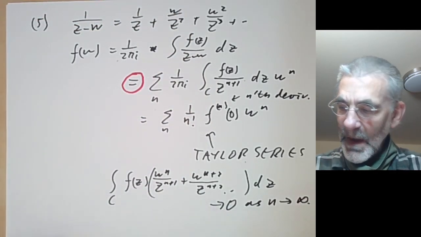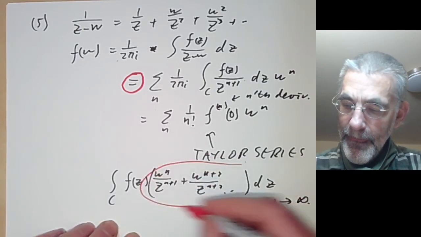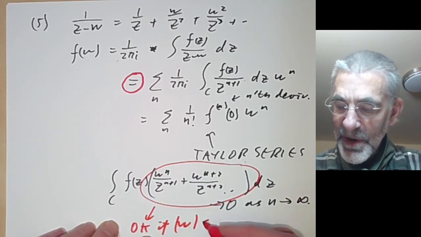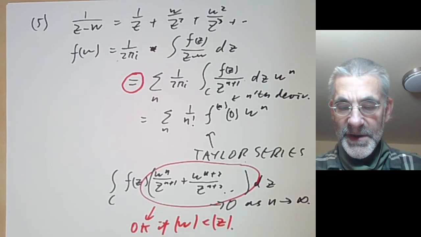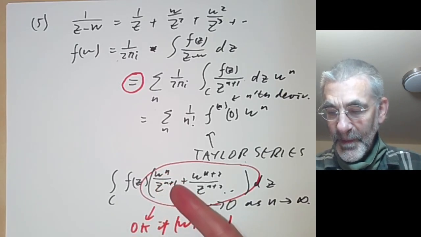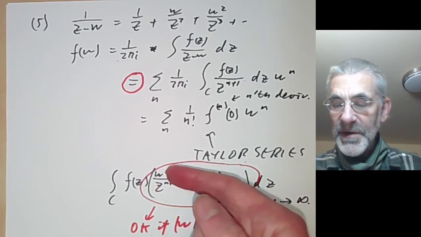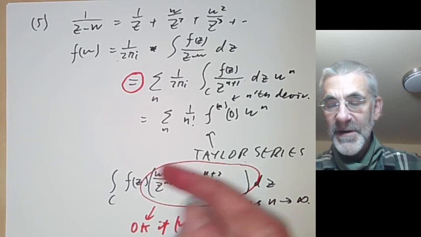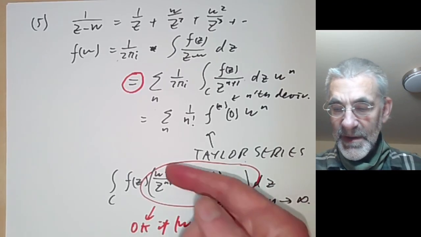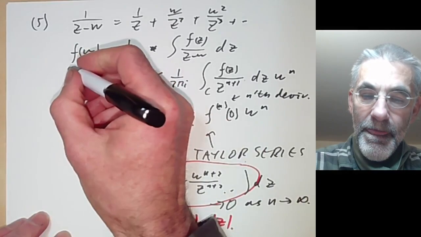And this is easy provided the absolute value of w is less than the absolute value of z, because then we've got a geometric series here that converges very nicely, and we've got a w over z to the n sitting in front, so that's going to tend to 0 as n tends to infinity. So this is valid.